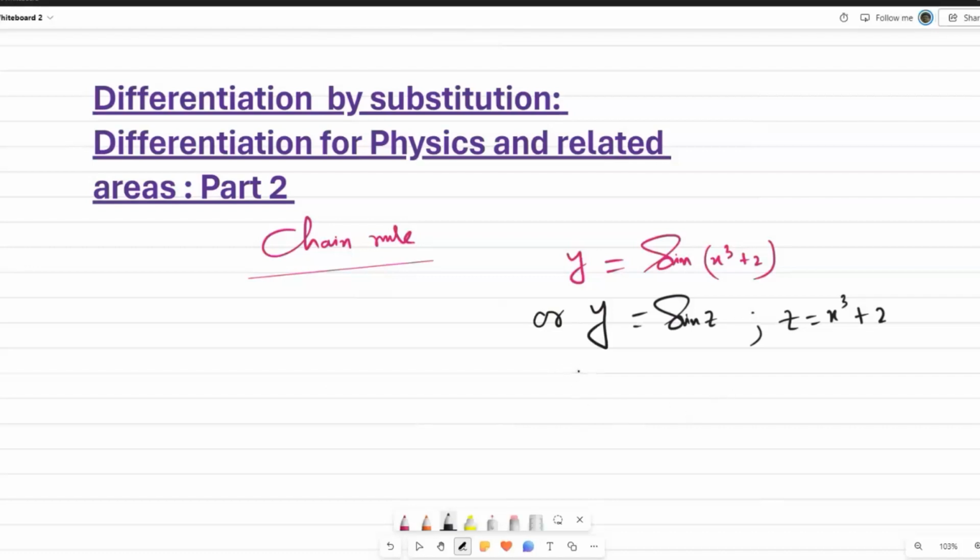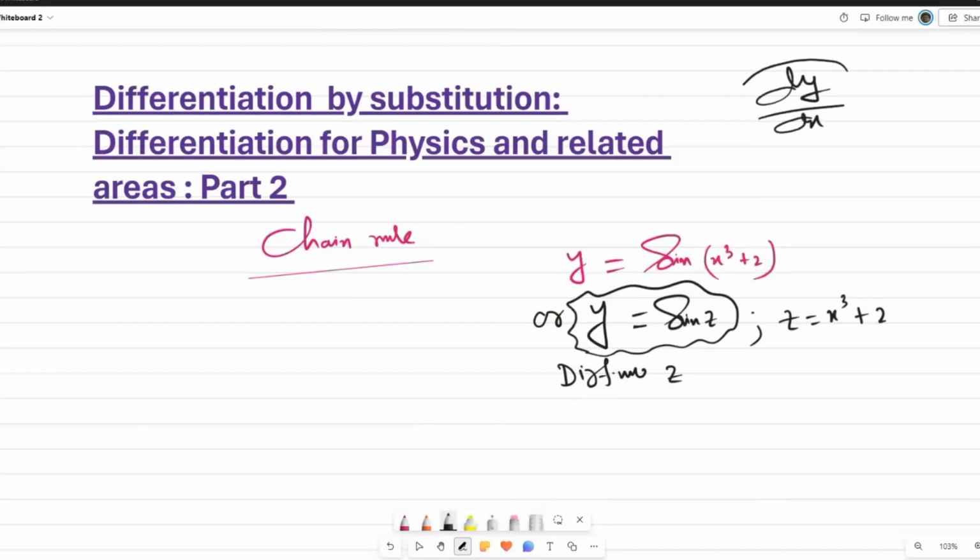So you find the derivative. Differentiating the first one, y is a function of z, so you'll be differentiating with respect to z. When you write dy by dx, you have differentiated the function y with respect to x.